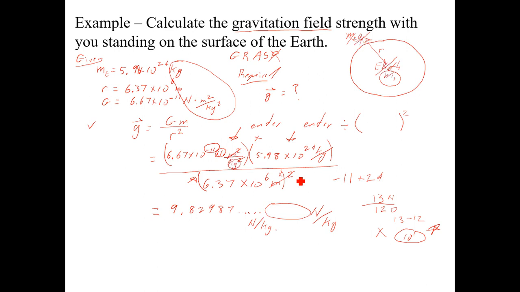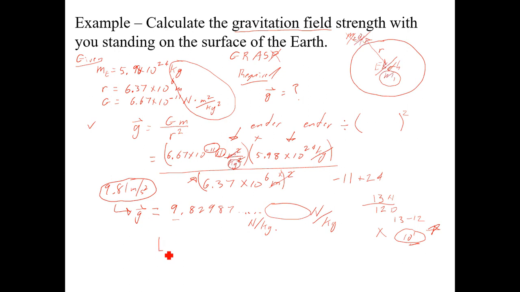So this number here is exactly what we estimated for what the answer will be. So this is our acceleration due to gravity, which is actually the gravitational field strength. If you take a look in your data booklet, it does give you a number, 9.81 meters per second squared, acceleration due to gravity on Earth, and that is actually the same as the gravitational field strength.